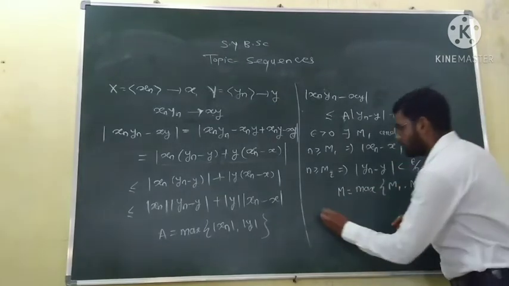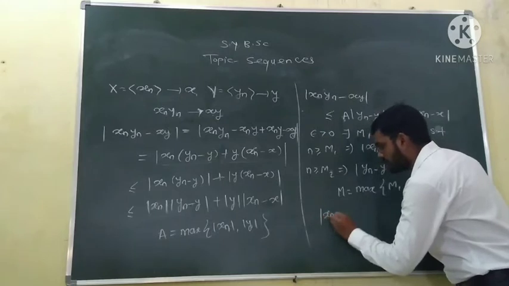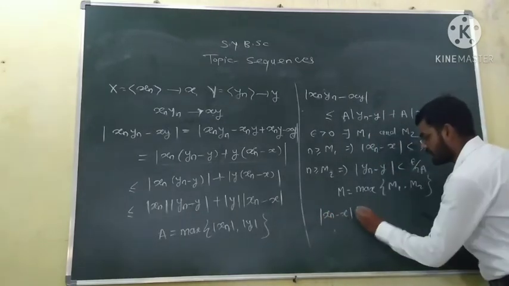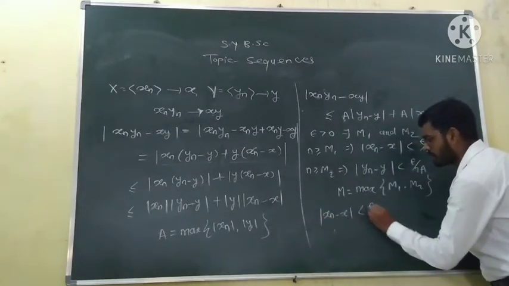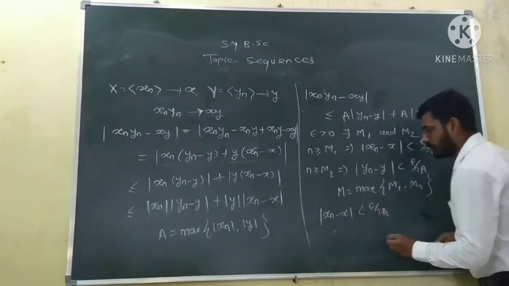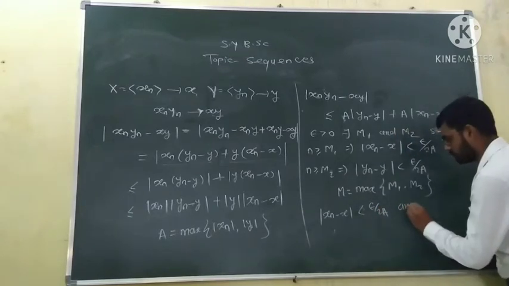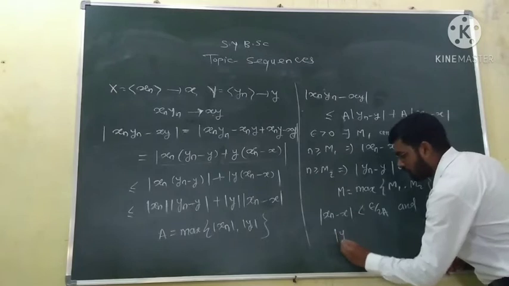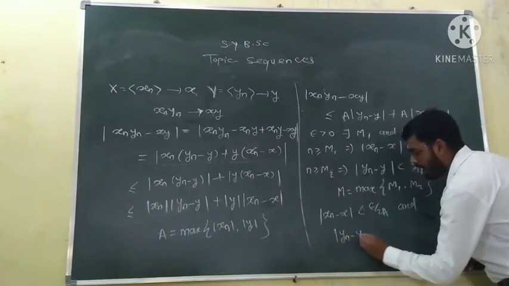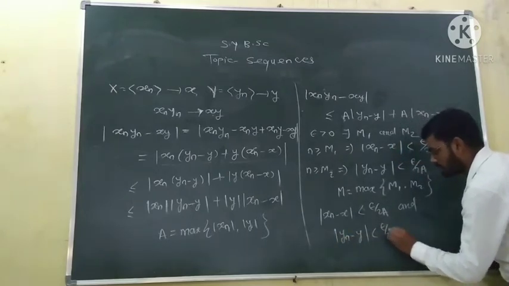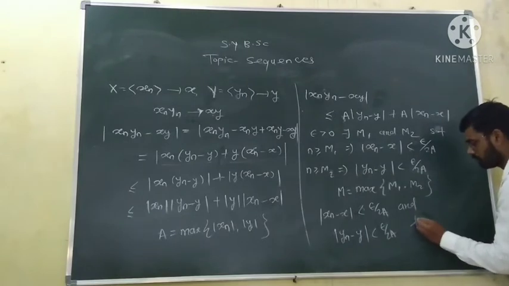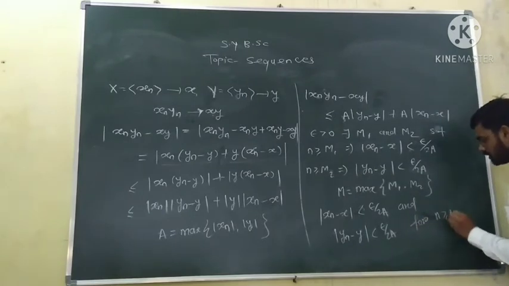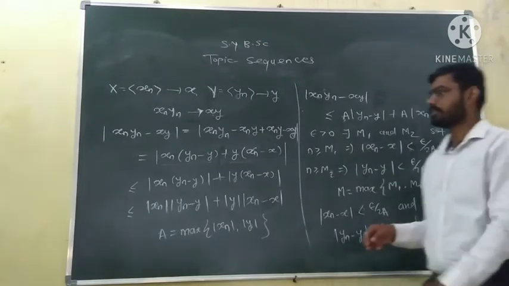So we write mod of xn minus x is less than epsilon by twice a, and mod of yn minus y is also less than epsilon by twice a for n greater than or equal to m.